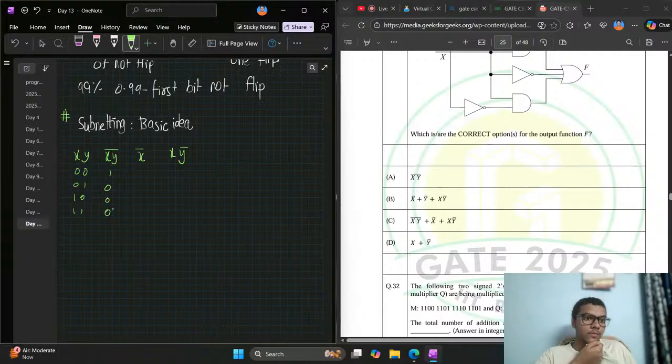triple 0, x bar is 1100, and x times y bar. So 0 times 1 is 0, and 0, and 1 times 1 is 1. That is 0, alright. Any two are matching. So A, B, C, A plus B plus C. That is 1, that is 1, that is 1 and 0. XY bar is not matching.